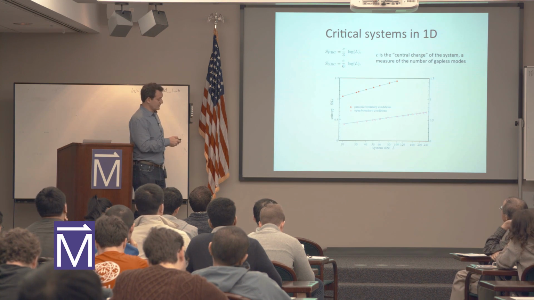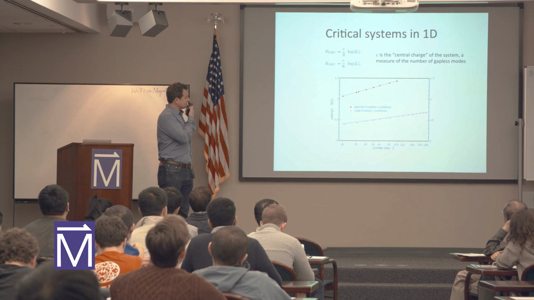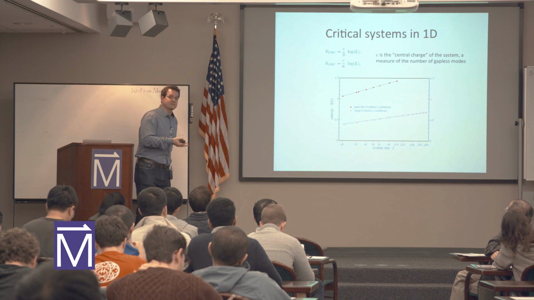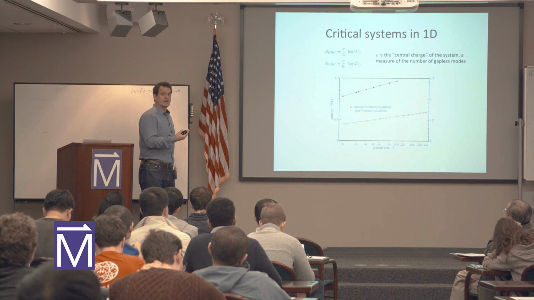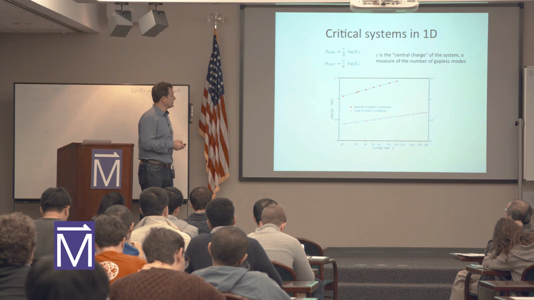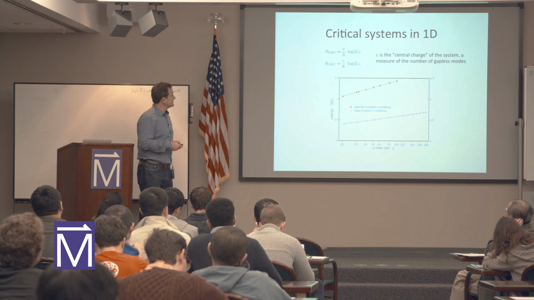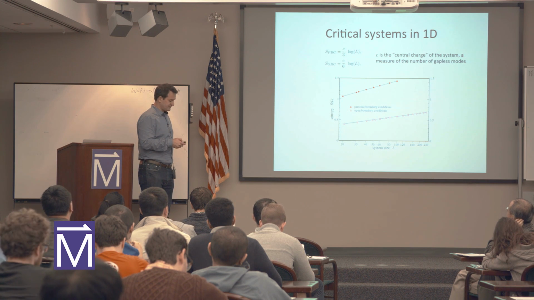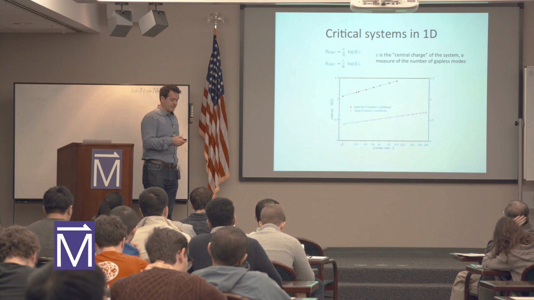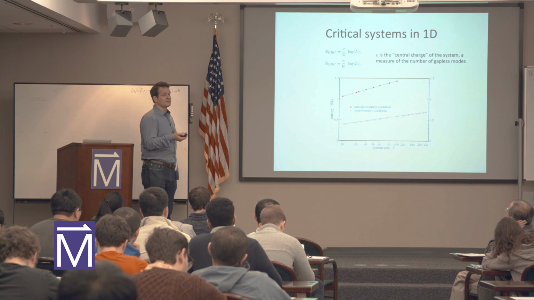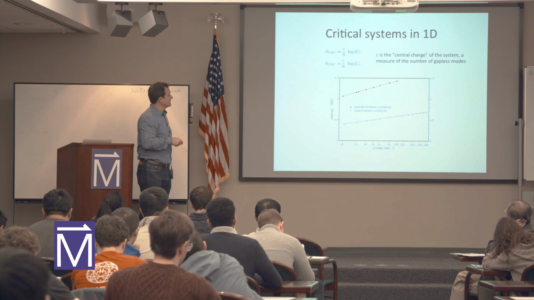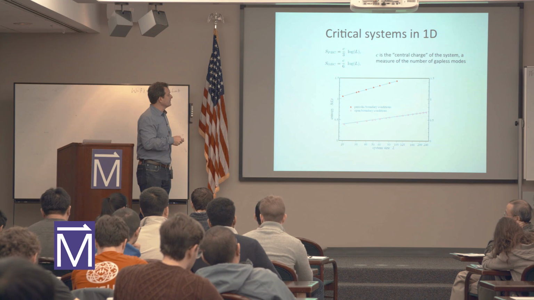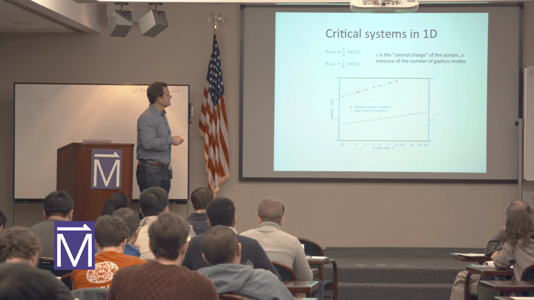It turns out that in one dimension, we can have gapless systems or gapped systems. And the behavior is going to depend on each case. We know that, using conformal field theory, this is a critical system in one dimension. Conformal field theory tells us the entanglement entropy, though this is not always the case.